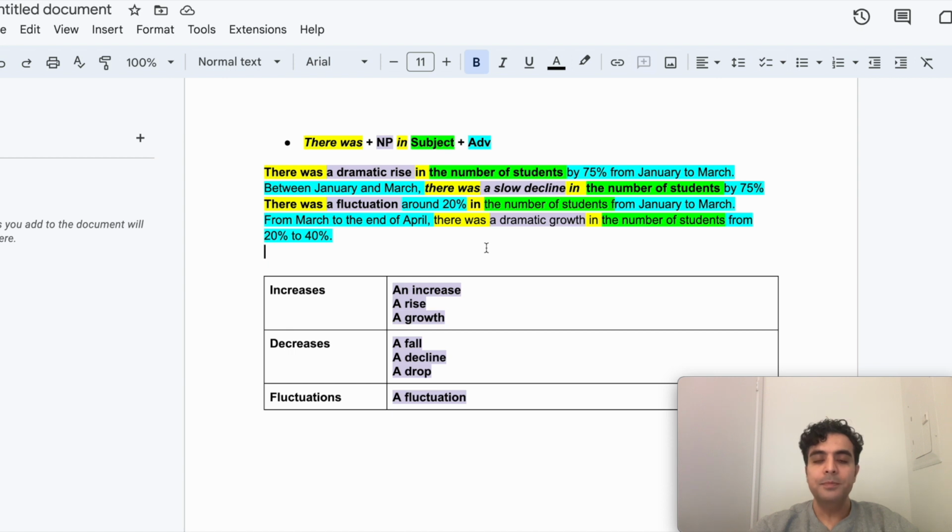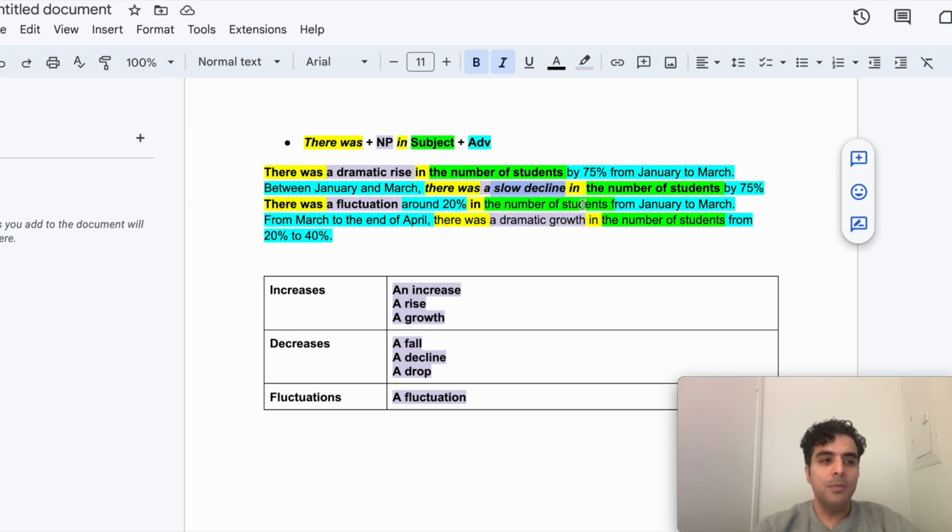Number one, you cannot change the noun adjective format. What do I mean by this? So it's always a slow decline. It's not like the adverb where you can say slowly declined and declined slowly. Here you have slow decline. The adjective should always come before the noun.